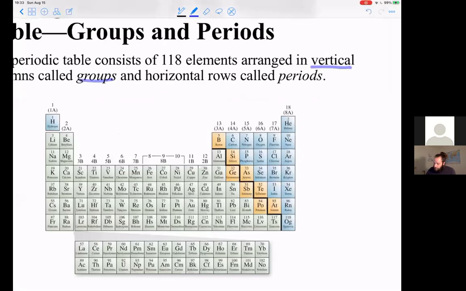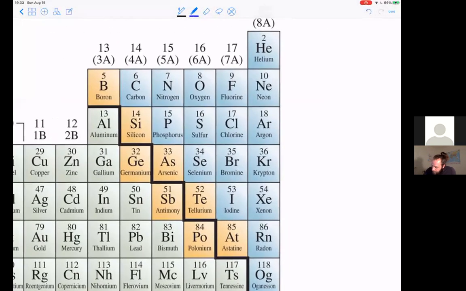Okay, so if I zoom in here, let's take this group right here. It turns out that oxygen and sulfur have very similar reactive properties, way more similar than oxygen and fluorine. Fluorine's right next door here, right? So even though fluorine is only different from oxygen because it has one more proton, it doesn't behave the same as oxygen at all.